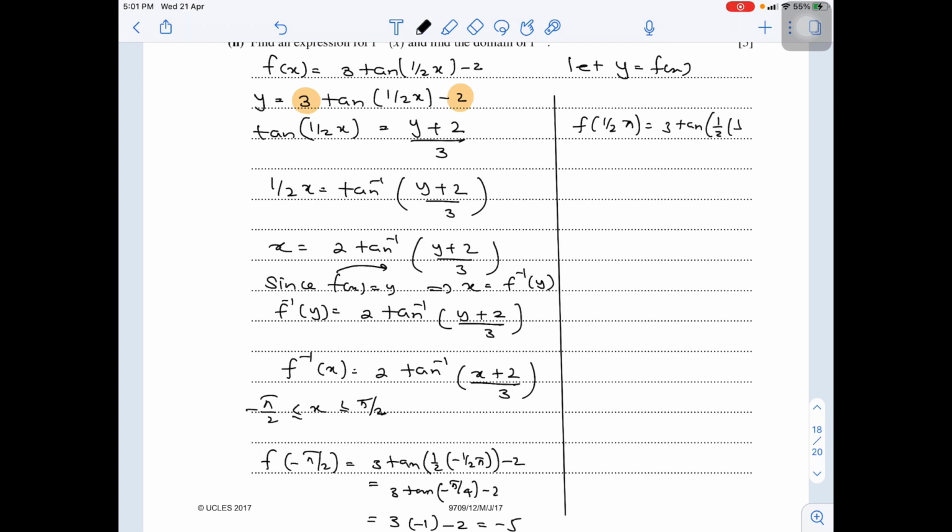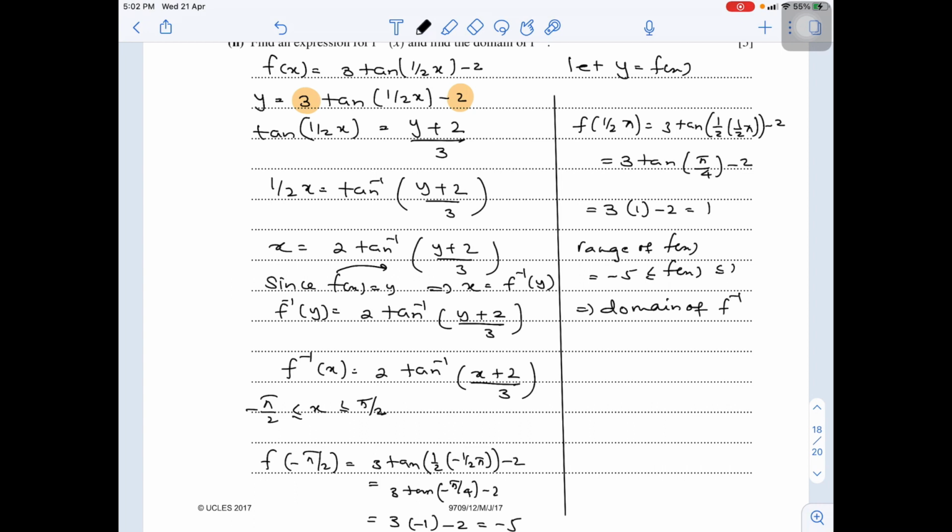Now f of half pi is 3 tan of half of half pi minus 2. So it's 3 tan pi over 4 minus 2. 3 tan pi over 4 is 3, minus 2 is 1. So range of f(x) is negative 5 less than or equal to f(x) less than or equal to 1.